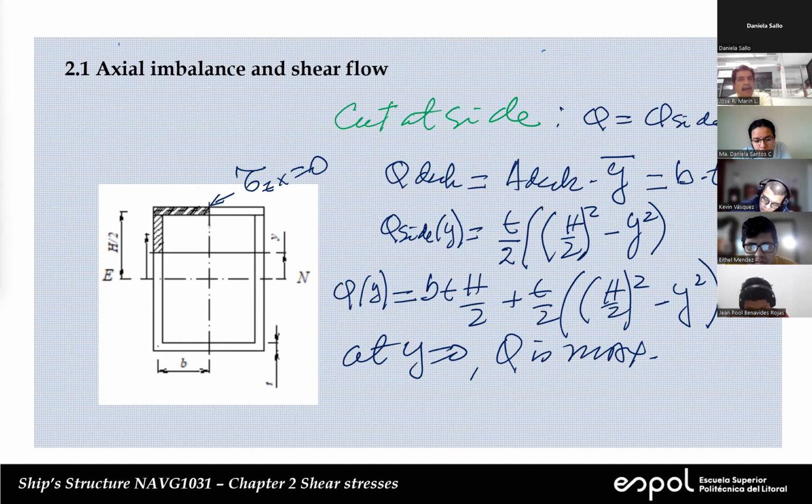Any questions about this, people? Yes, doctor. Where do you start the Q of the side? At the top, or down to the top? Well, the thickness of the top. The thing is this, see, this is very small. We're saying that this thickness is very small. So it's like having a line.